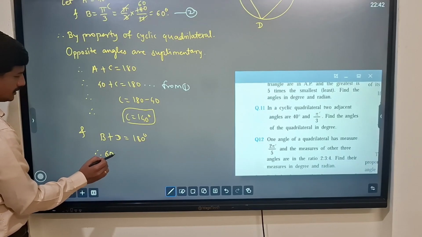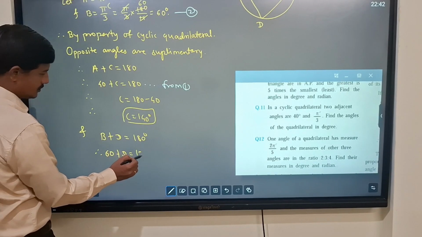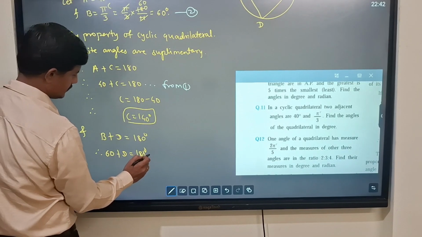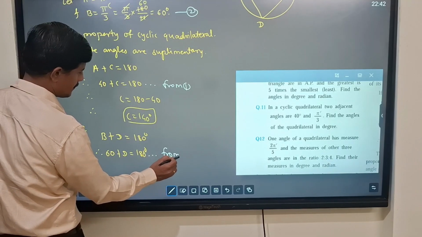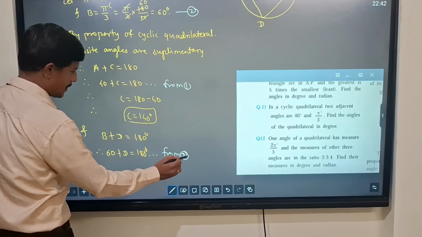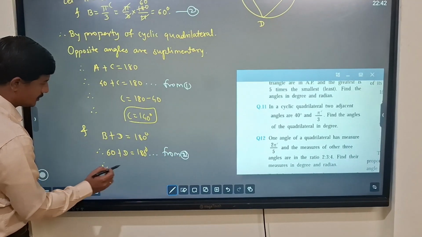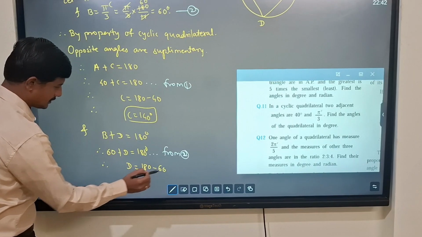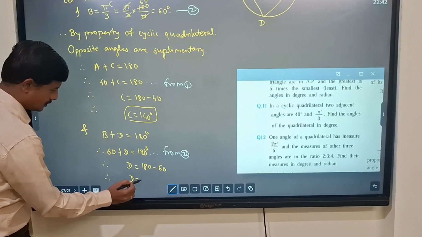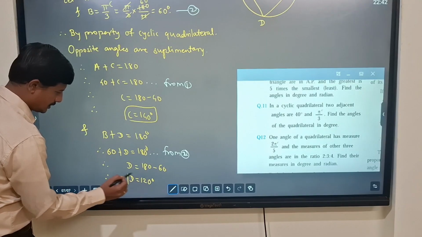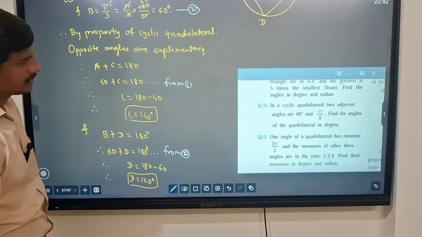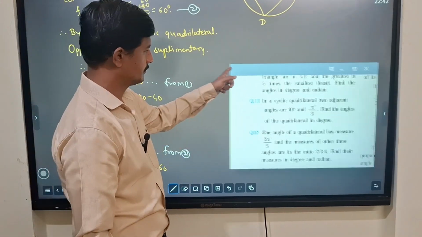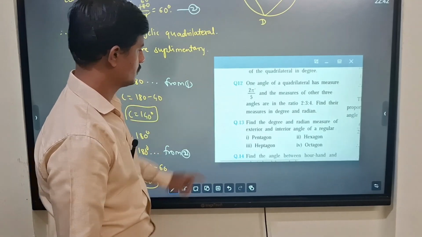Therefore, 60 plus D is equal to 180 degree from 2. Therefore, D is equal to 180 minus 60. Therefore, D is equal to 120 degree. Okay, these are the remaining angles in degree. Now next, 12th one.